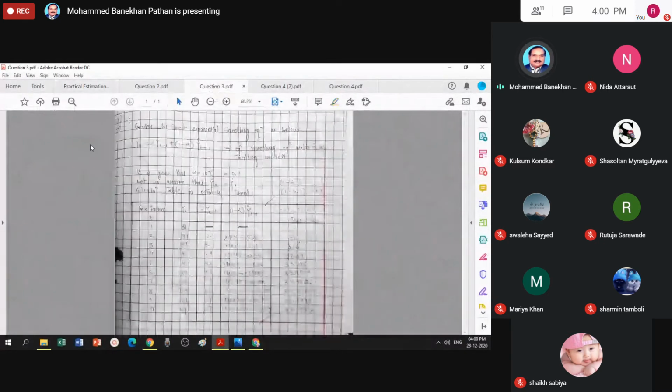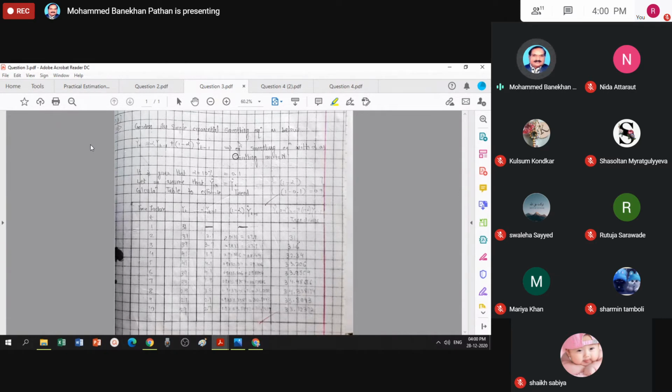Question number 3. Consider the simple exponential smoothing equation, which I have covered in your theory lecture: Y hat t equals alpha times Y t minus 1 plus (1 minus alpha) times Y hat t minus 1.